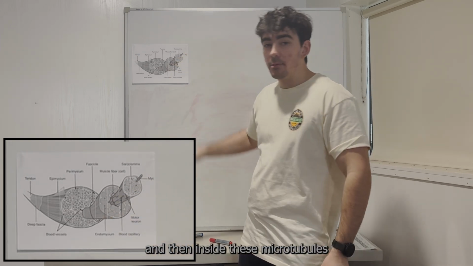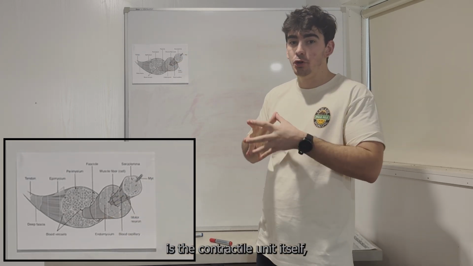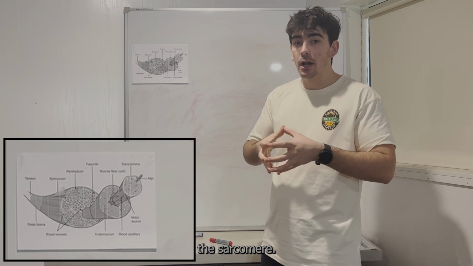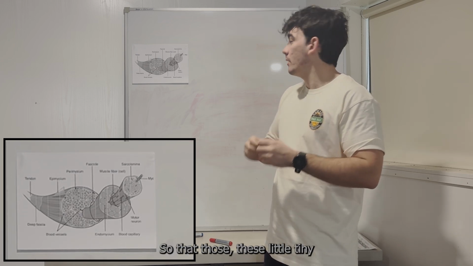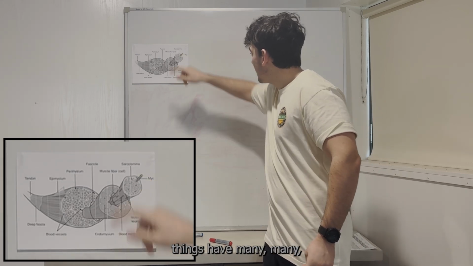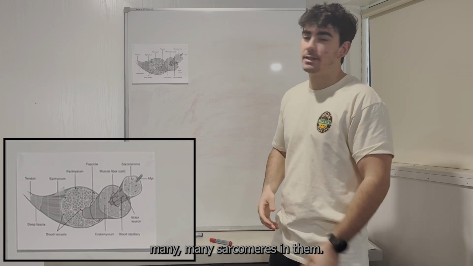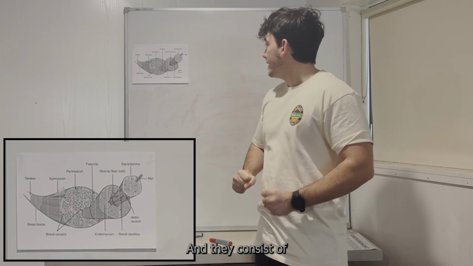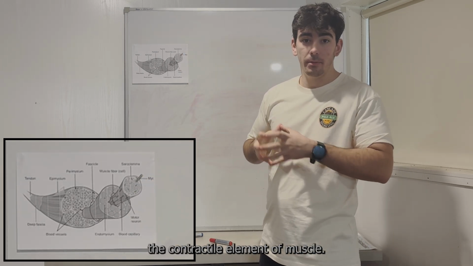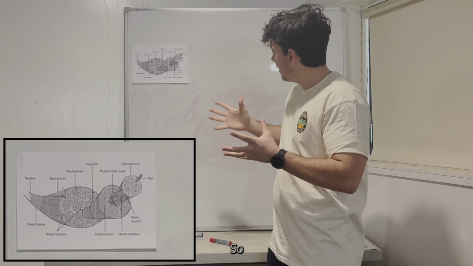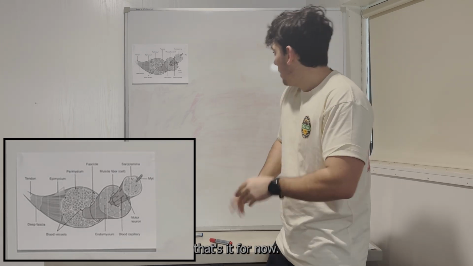And then inside these myofibrils is the contractile unit itself, the sarcomere. These little tiny things have many sarcomeres in them, and they consist of the contractile element of muscle. So that's it for now.